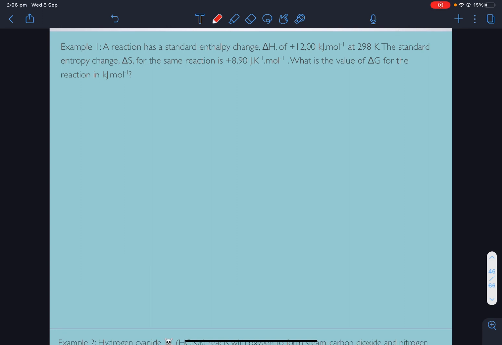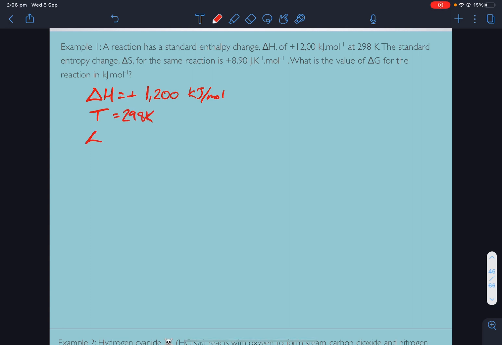A reaction has a standard enthalpy change, delta H equals positive, I think I wanted 1200 kilojoules per mole. I think that's a typo on my part. At 298 Kelvin, temperature equals 298 Kelvin.